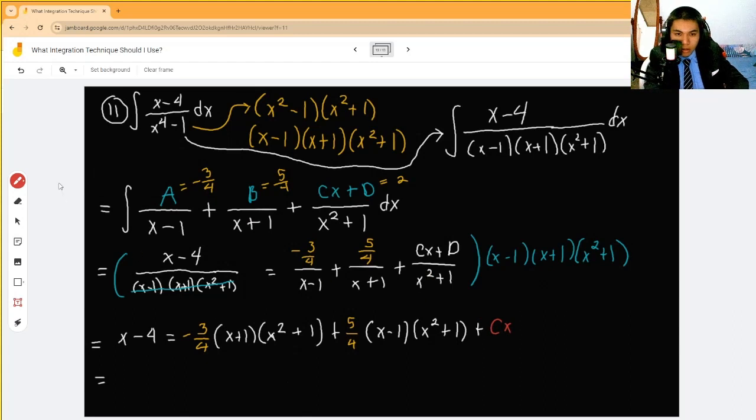Cx plus 2, since that is d, and then we cancel this, and multiply what is left over. All right, now if we set x to be 2, we can compute for c.